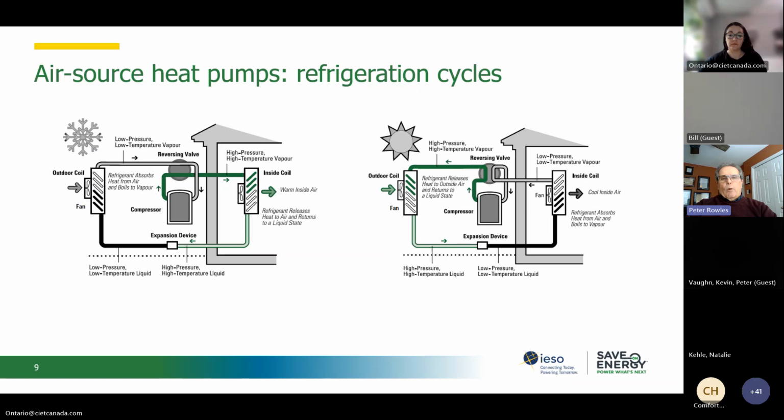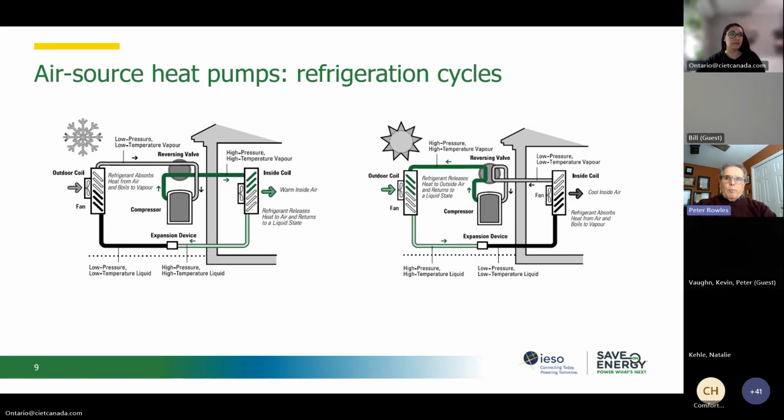In the cooling mode, which we see on the right side of this slide, the indoor coil works as an evaporator where the refrigerant absorbs the heat from the indoor air and hence cools it, and the outdoor coil acts as a condenser where the refrigerant gives up heat to the outside air or the atmosphere.